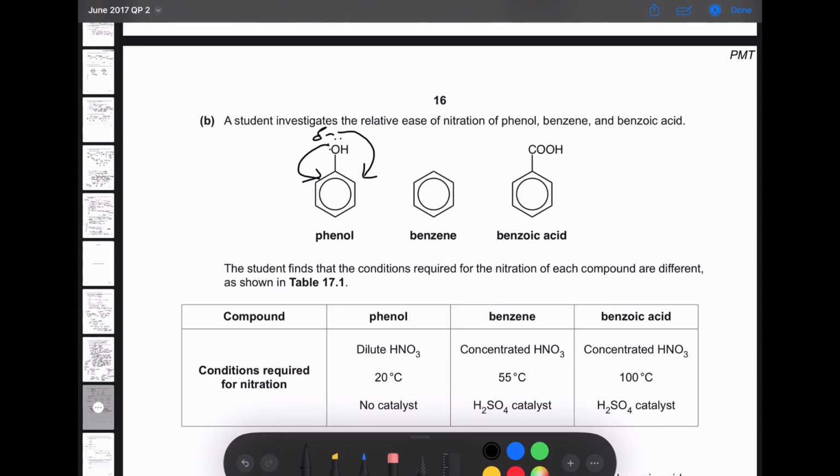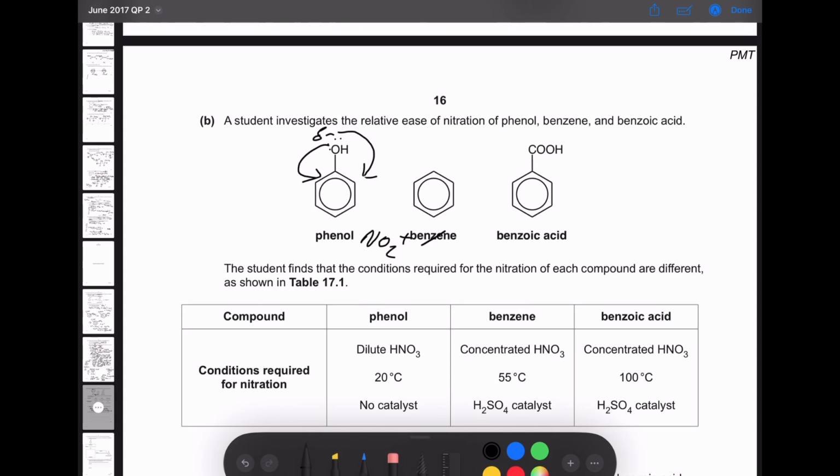And what that does is it makes it more electron dense. It doesn't make it negative, it just means it has more negative charge in that benzene ring. And what that means is it will react more with electrophiles like the nitro group. Benzene is your default, you don't need to mention that.